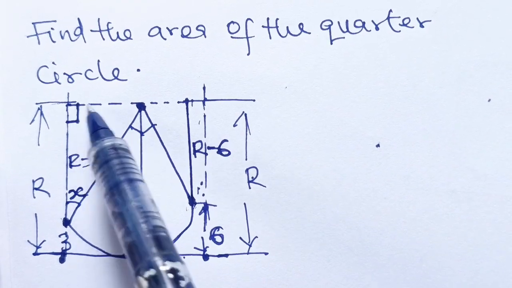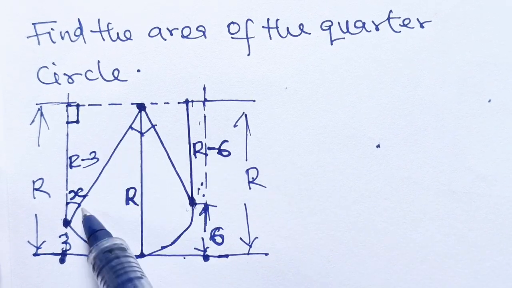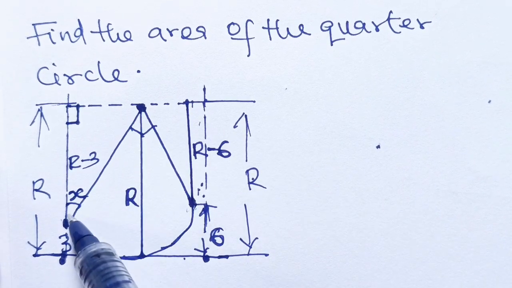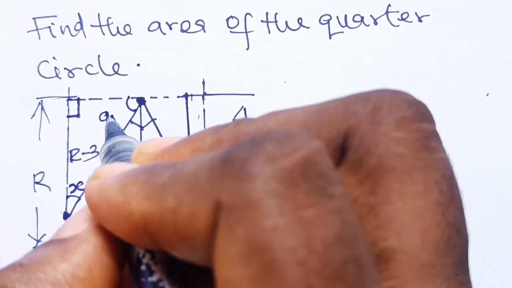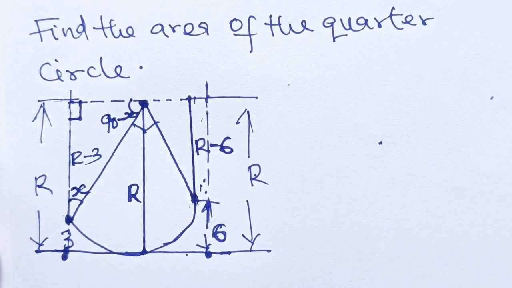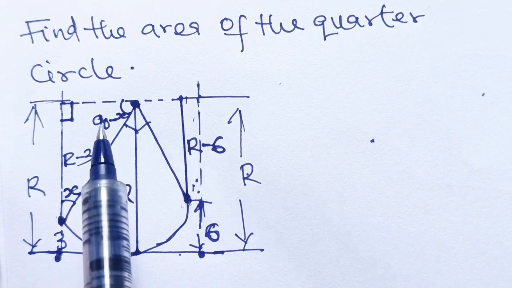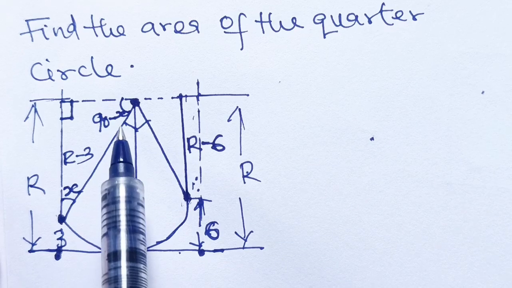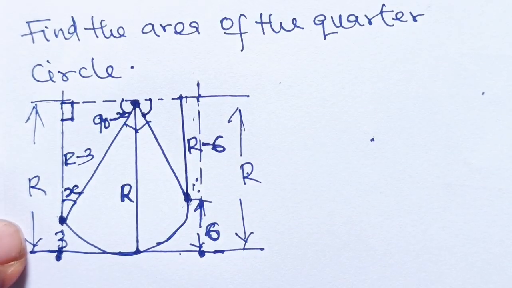So if this is 90 and the sum of angles in a triangle is 180, it means that the remaining portion should be 90 minus x, right? So this place is 90 minus x. Okay, now if this place is 90 minus x and this place is 90, then this place that is here should be what?